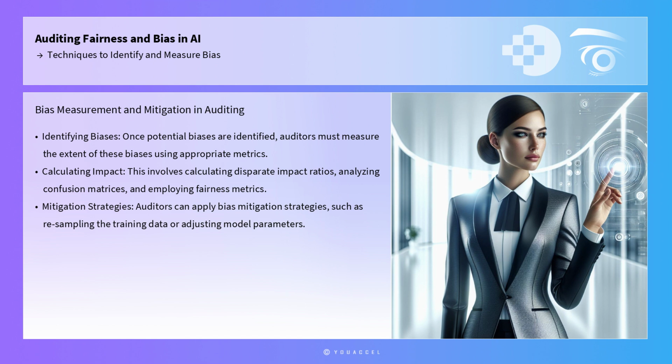Once potential biases are identified, auditors must measure the extent of these biases using appropriate metrics. This involves calculating disparate impact ratios, analyzing confusion matrices, and employing fairness metrics to quantify bias. Based on these measurements, auditors can then apply bias mitigation strategies, such as resampling the training data, adjusting model parameters, or implementing fairness-aware algorithms.